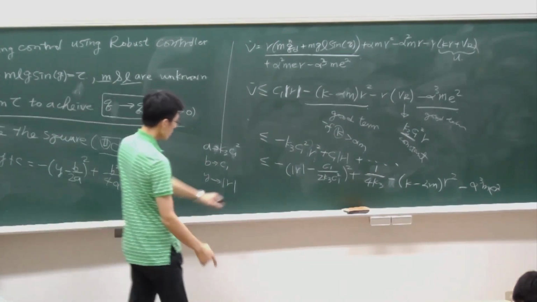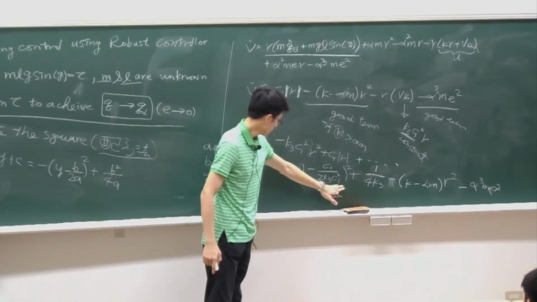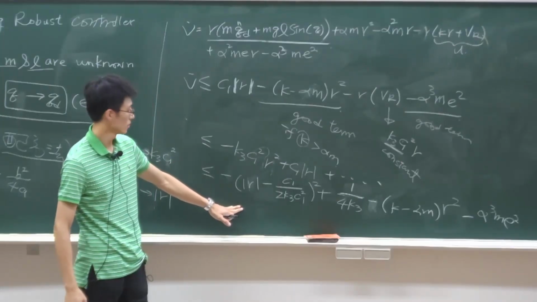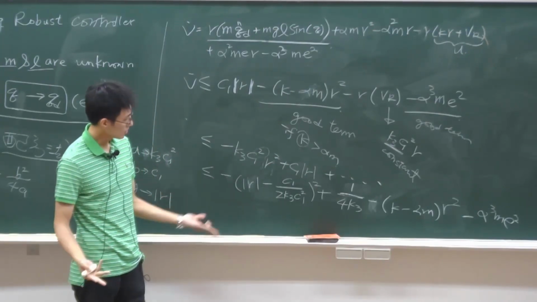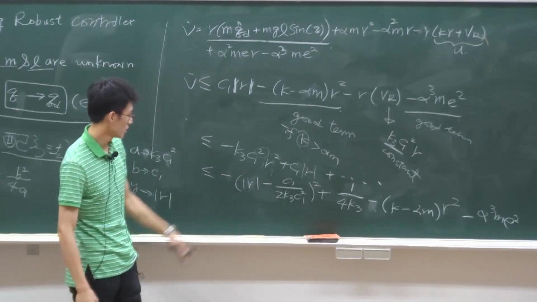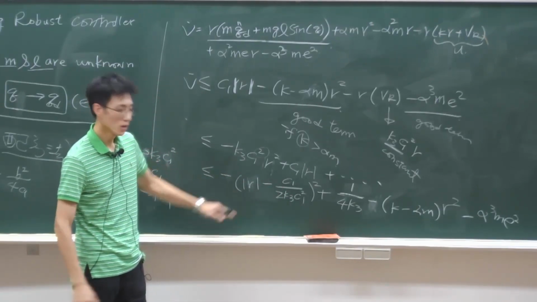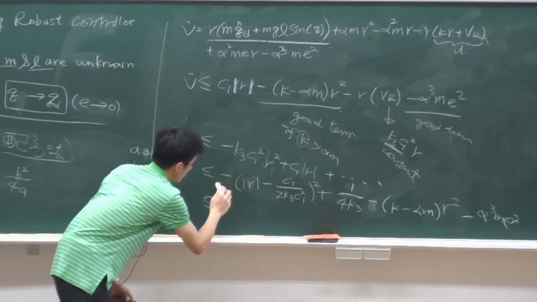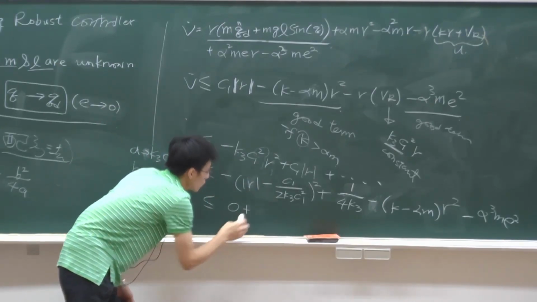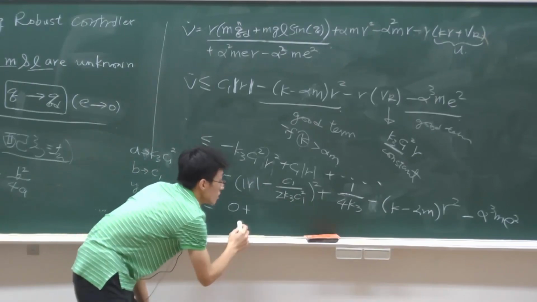So this term is always negative, right? It's not an e squared term, it's not an r squared term, but it's always negative. So we can further upper bound a negative term by 0 and keep whatever is left.